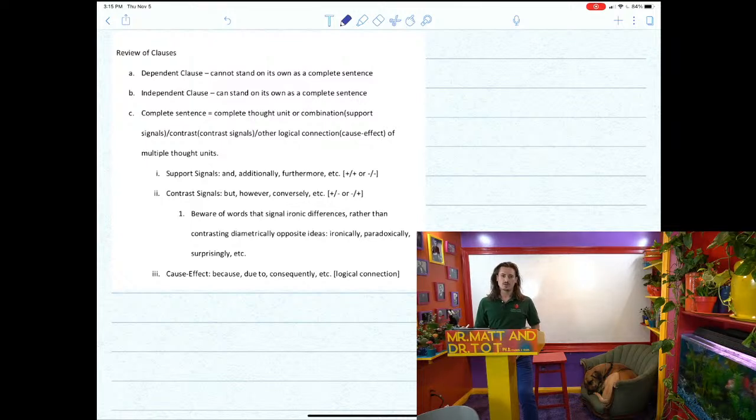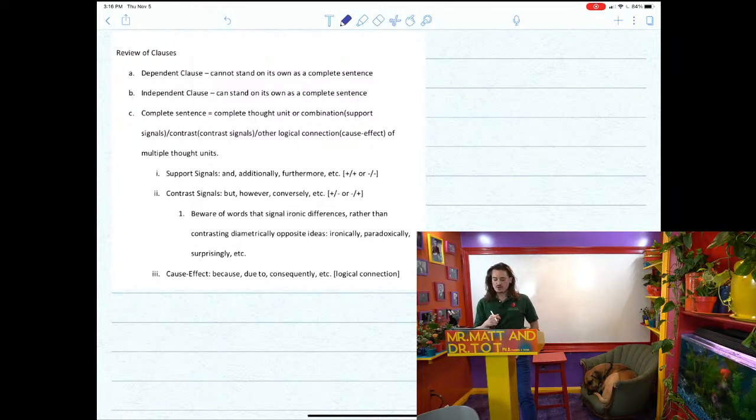It can rain while it's sunny, but you wouldn't necessarily think that would be most common, and so it's surprising if that were to occur. So that's what I mean. Words that signal the ironic, you can think of them as contrast signals, but they're not exactly like black or white. There's more detail and subtlety to their interpretation.